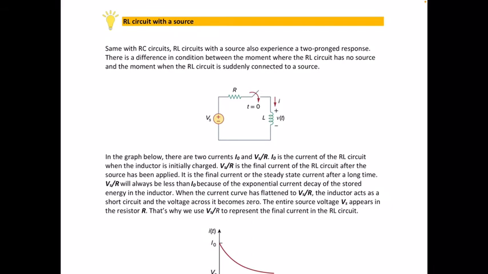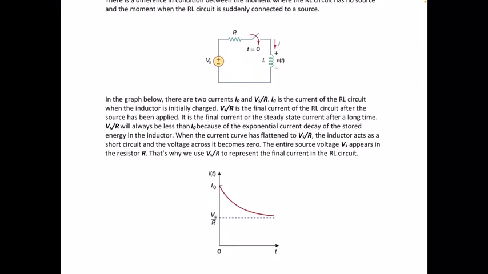As you can see in the diagram, we have three elements in the circuit. We have the voltage source Vs, the resistor R, and of course our inductor L. But in the graph below, we can easily notice that the final or steady state value of the current is less than its initial value.